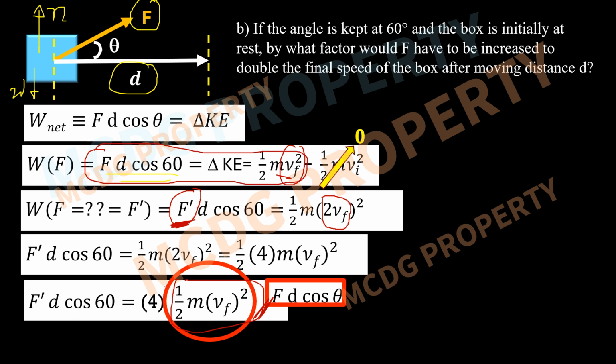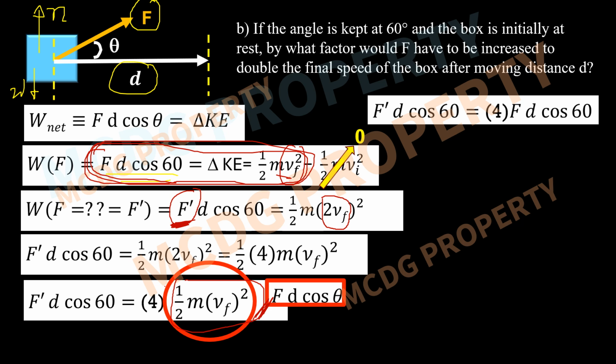So this 1/2 m vf squared is equal to Fd cosine theta, or Fd cosine 60, as given by this expression here. Hence, we can write F prime d cosine 60 is equal to the quantity 4 times 1/2 m vf squared, which is again equal to 4 times Fd cosine 60. So we can cancel d and we can cancel cosine 60.